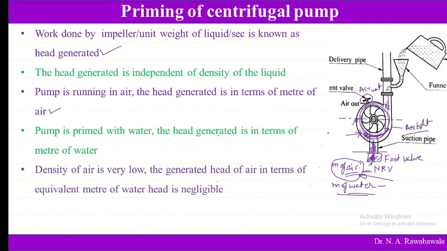The head generated in terms of water is very much higher than in terms of air. The head generated by the pump in meters of air column is negligible compared to the head of water. Therefore, it is impossible to suck water with a pump which is not primed.